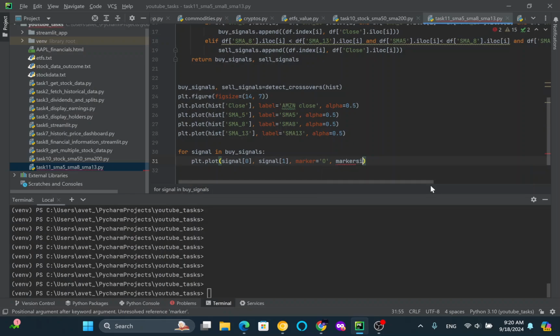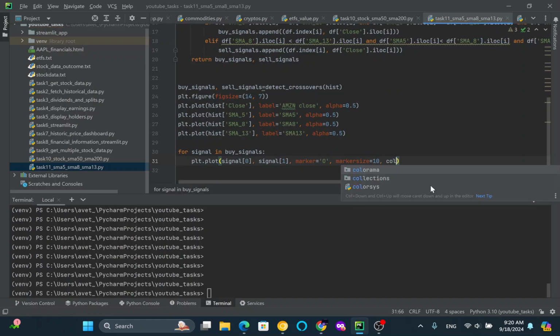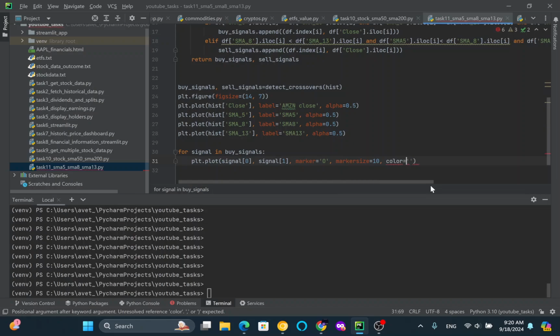Marker size will be equal to 10, let's say. Color, as it is buy signal, let's have something positive in here, like green. Label it as buy signal.